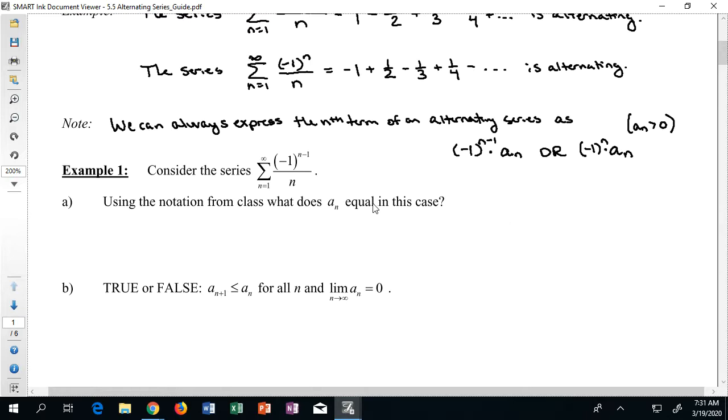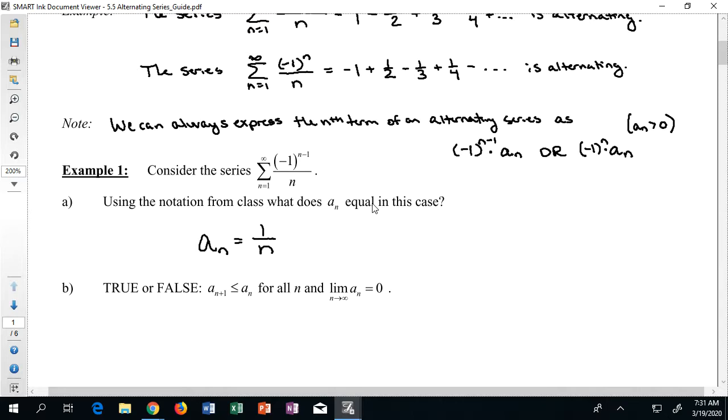Here, if I imagine removing the -1 to the power, what I would be left with is 1 over n. So I have an a sub n that's the same as 1 over n. That's the piece once I've separated off that -1 to the power.